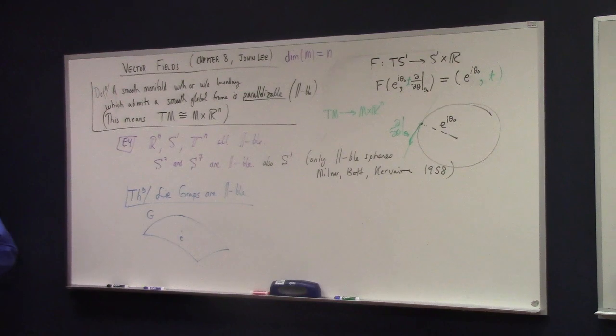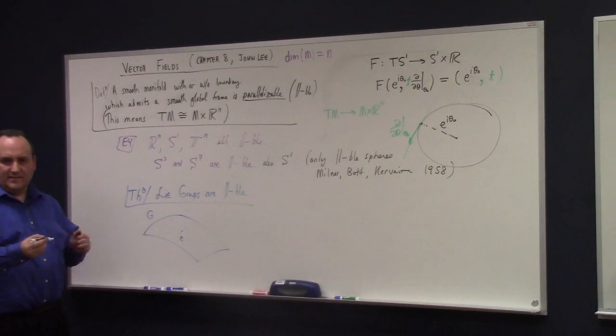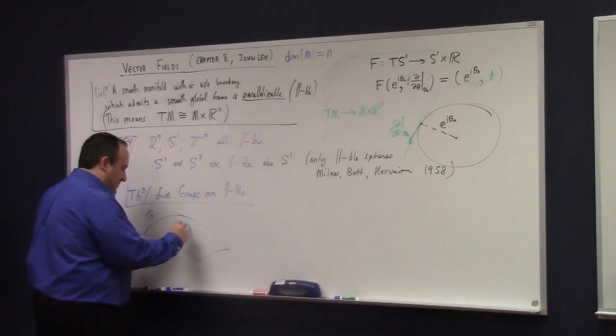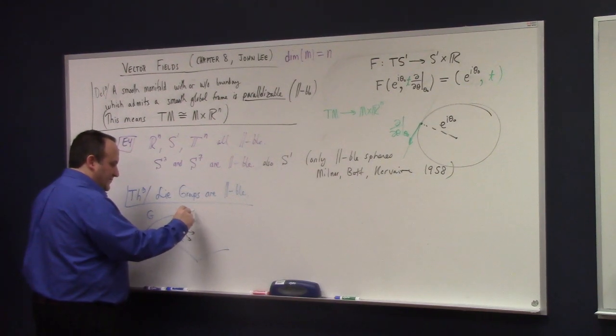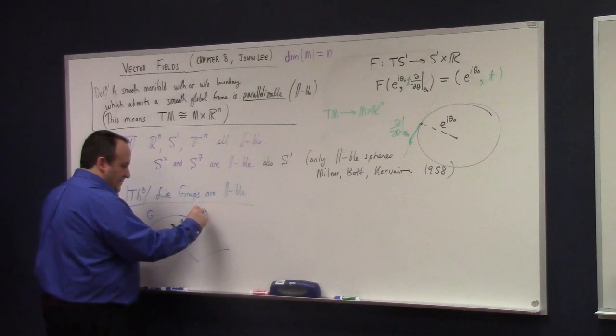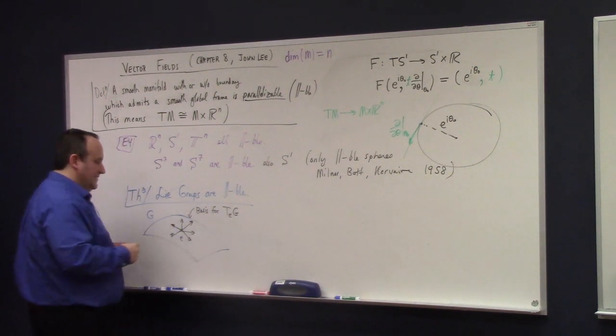We can prove that there exists, I mean, well, it's just the tangent space. There exists a basis for the tangent space, right? So you can take a basis for the tangent space at the identity element of G, all right?